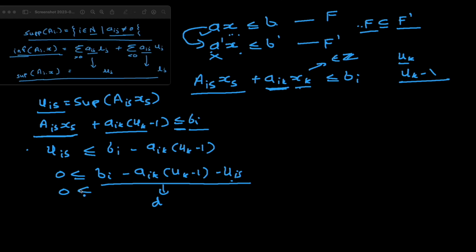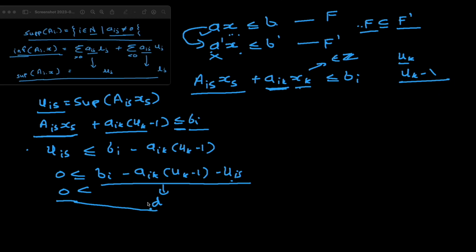So if this D value is strictly greater than 0, then this constraint will always be satisfied as long as xk is taking UK minus 1 or lower values. Let's not talk about lower values, but if it is taking UK minus 1, then it is already satisfied.